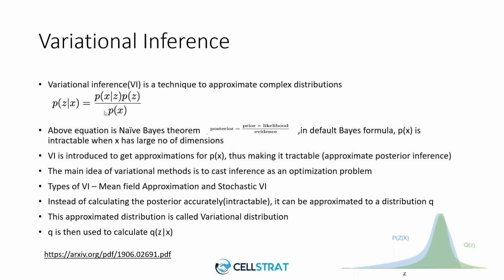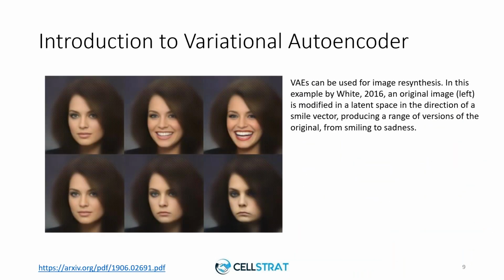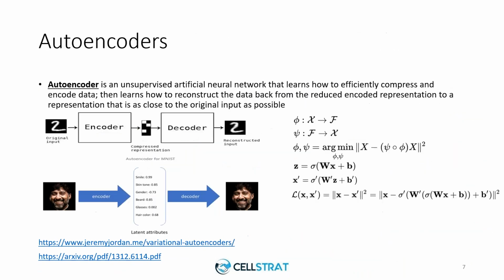Now, the problem over here is that this particular part, P of X, the probability of X, is actually intractable. Calculating it is not possible. Why? Because this is the multiple integration with respect to all the features that are there in the latent vector or latent space. So for example, if we go back to this particular example, there are 6 latent features or attributes, right?